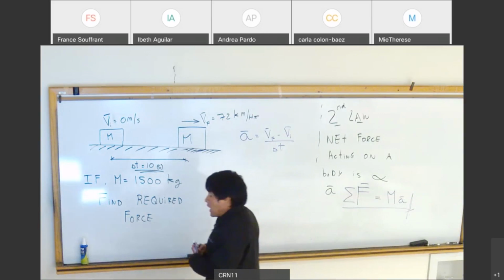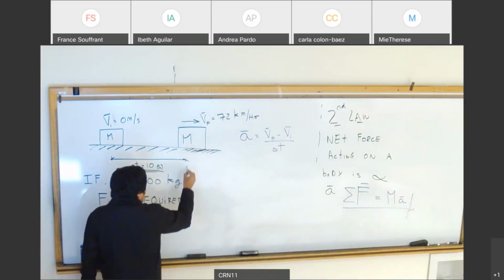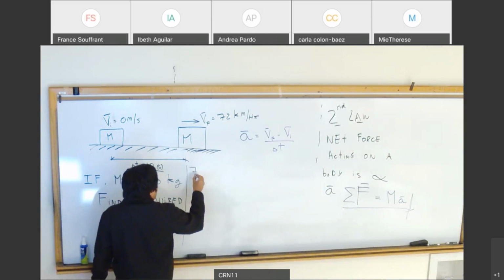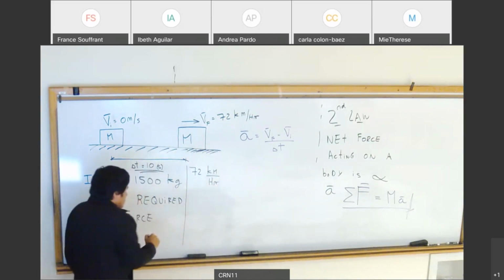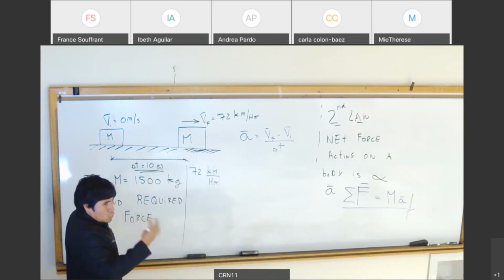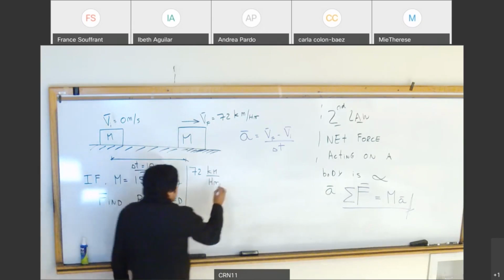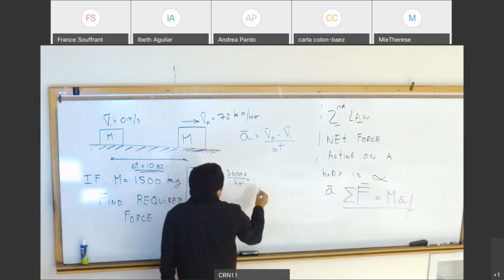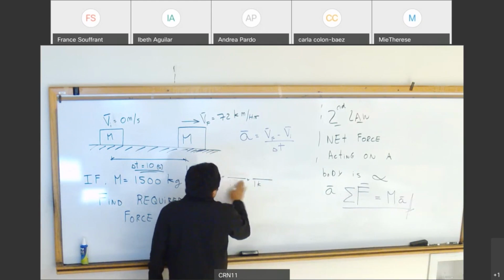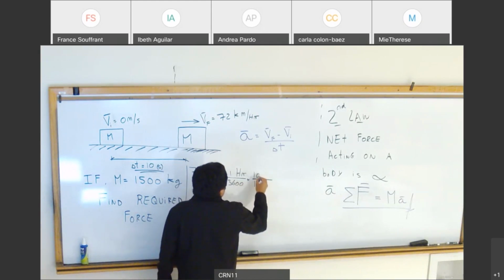And if you remember, I gave you the way to change kilometers per hour to meters per second. So 72 kilometers per hour, to go into meters per second, you use 1 hour equals 3,600 seconds, and 1 kilometer is 1,000 meters.